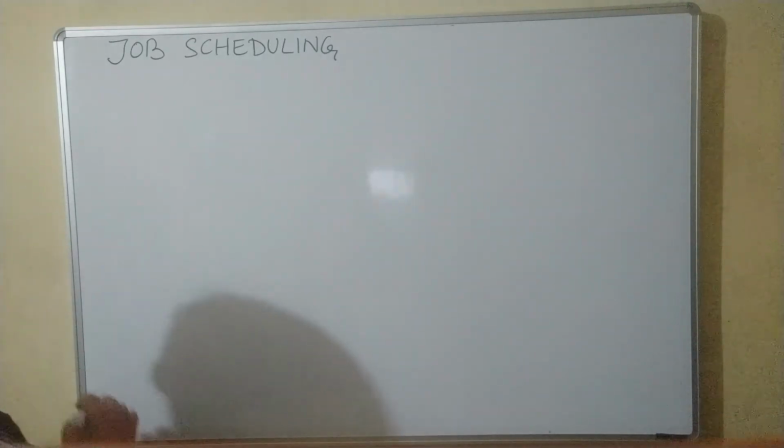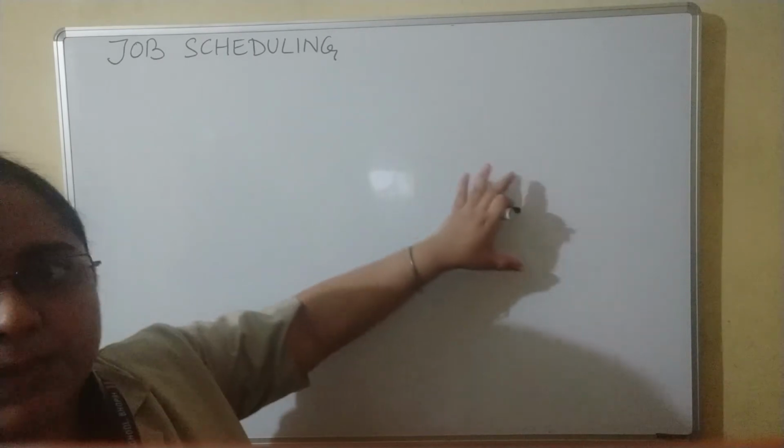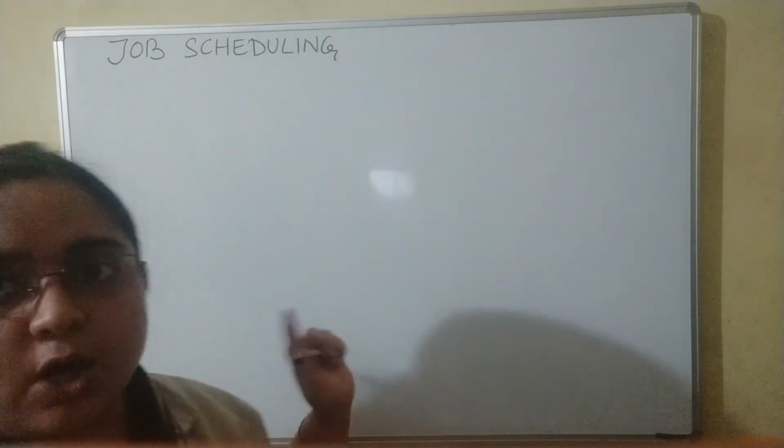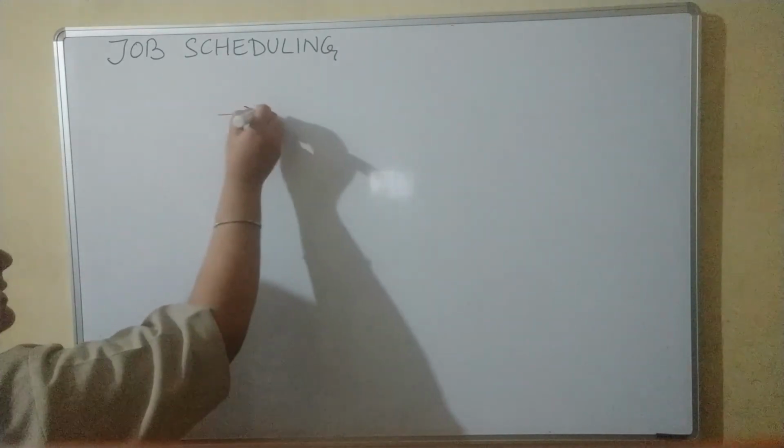So with this only, I will conclude the topic. We are going to take up in the next class the topic known as job scheduling. In job scheduling, I will just summarize it quickly.